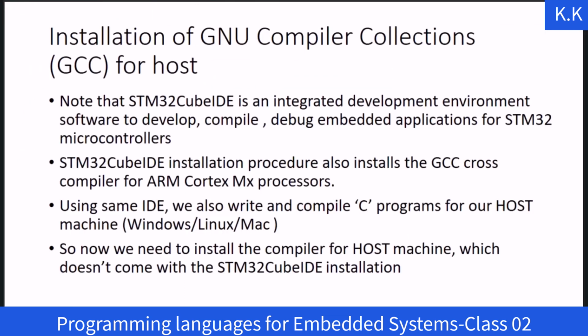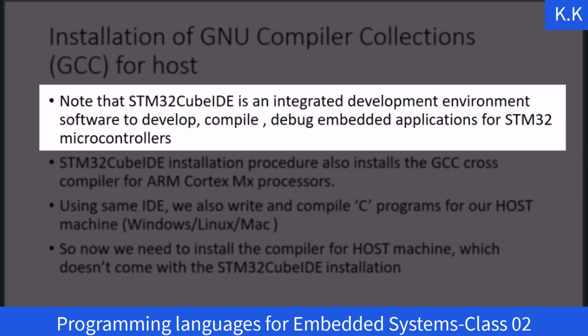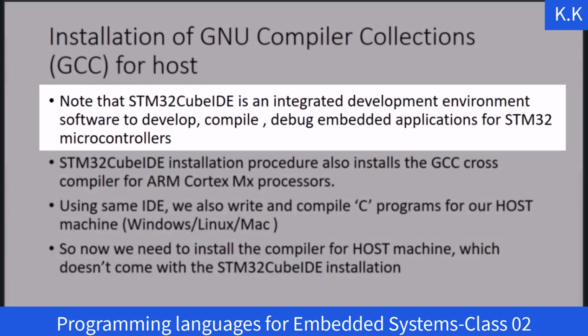So in this lecture, let's understand installation of GNU compiler collections for host. That means we are going to install the GCC compiler for host. Note that the STM32Cube IDE, which we installed in the previous video, is an integrated development environment software to develop, compile and debug embedded applications for STM32 microcontrollers.